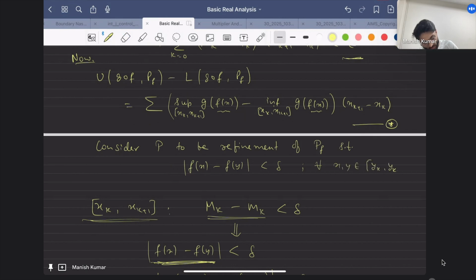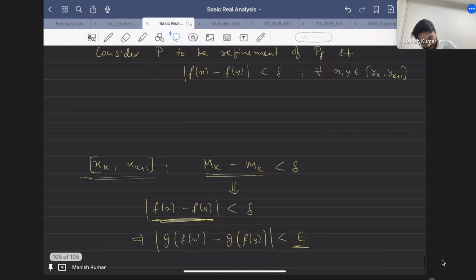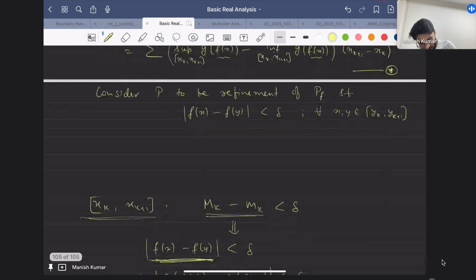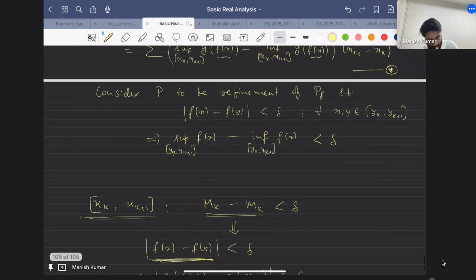Let me see, I think this should work. If this is there, then what can I say? From here I get that the difference of the supremum of f(x) and the infimum of f(x) over y_k to y_{k+1} is always going to be less than delta, because the maximum function difference is delta.